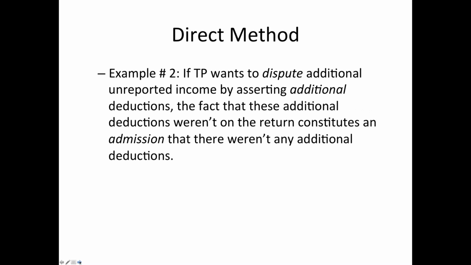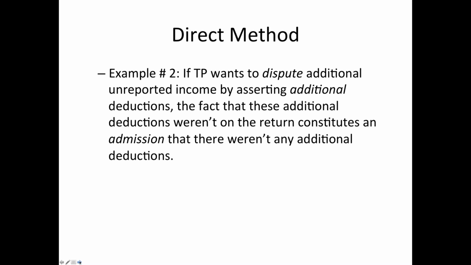In example number two, if the taxpayer wants to dispute additional unreported income by asserting additional deductions, the fact that these additional deductions weren't on the return constitutes an admission that there weren't any additional deductions.